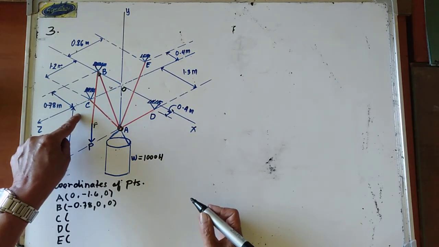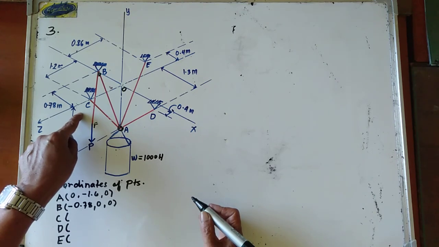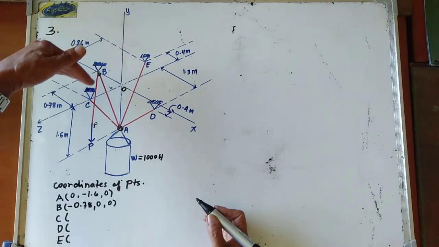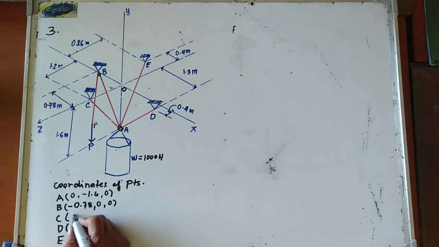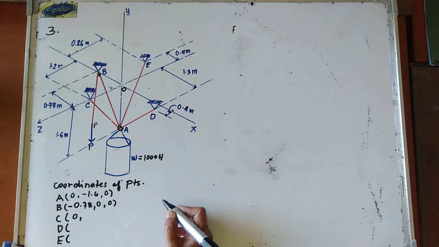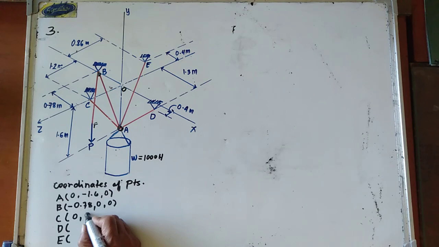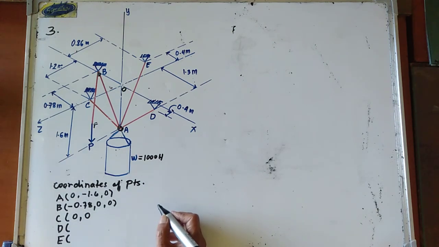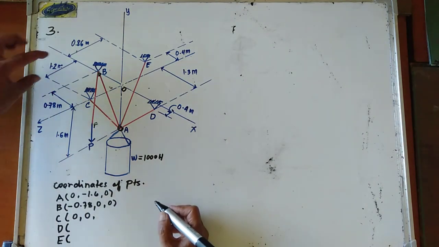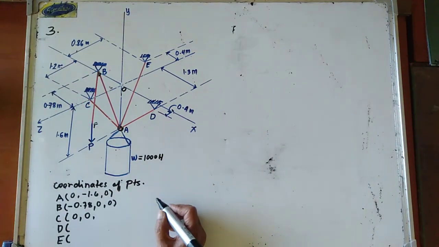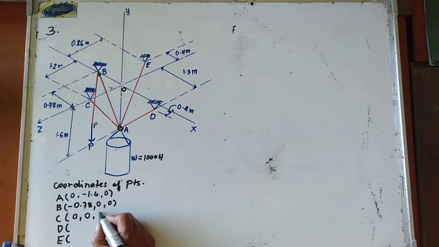Then we now have your point C. For point C, the x-coordinate is equal to 0, the y-coordinate is equal to 0, and the z-coordinate is 1.2. So it is forward, so we have positive 1.2.